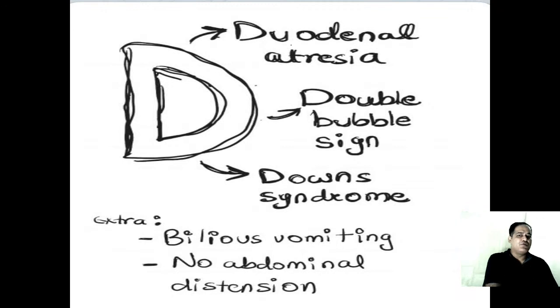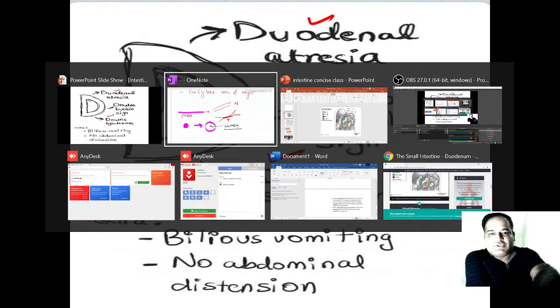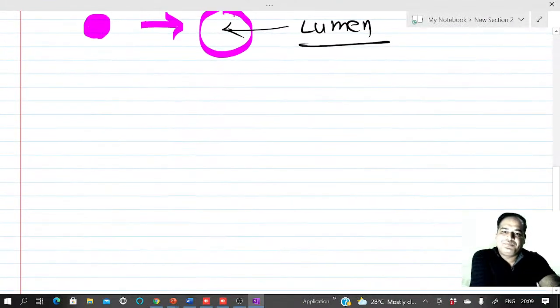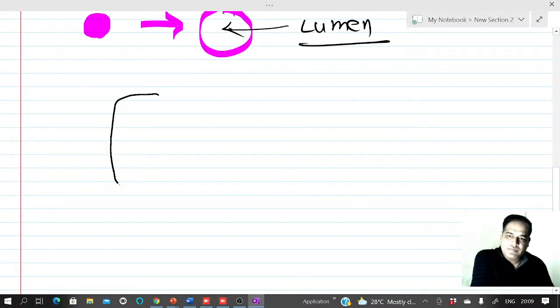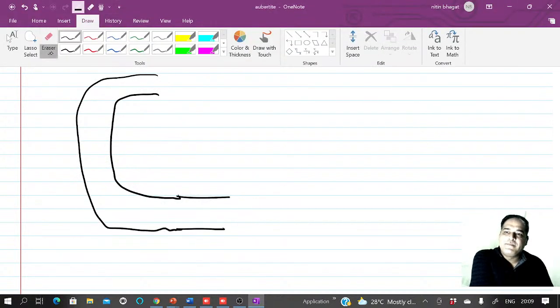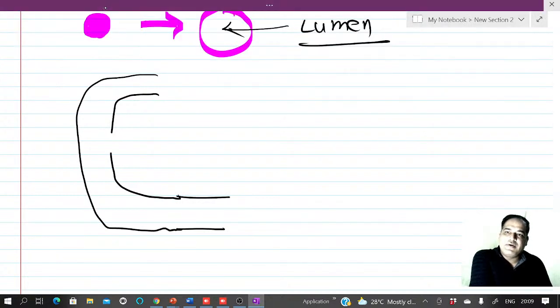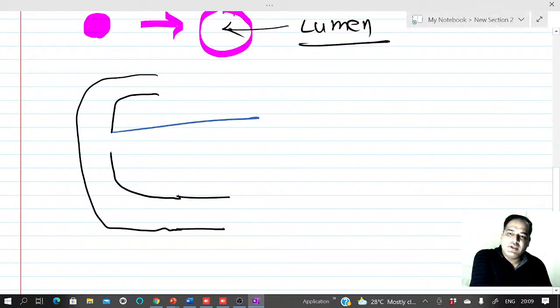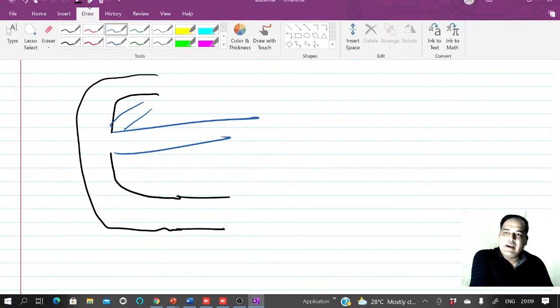Now, there are so many D's over here. First, duodenal atresia, the condition. It is associated with Down syndrome. So let's draw a diagram to understand it. Let's say this is the normal duodenum, and here are entering the bile ducts.